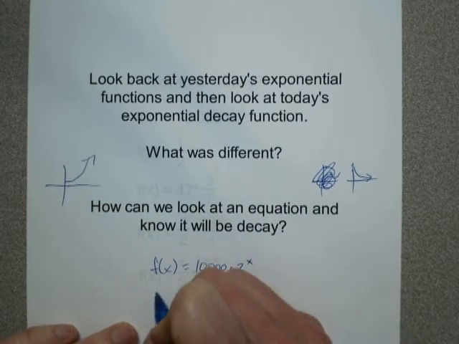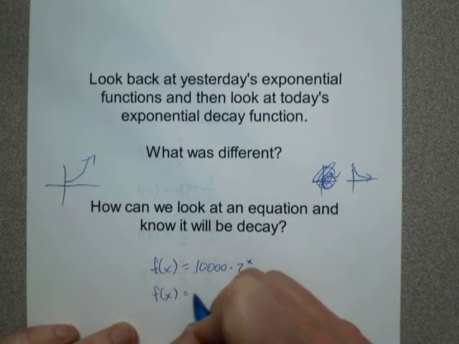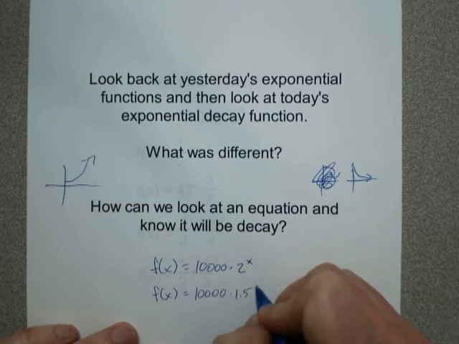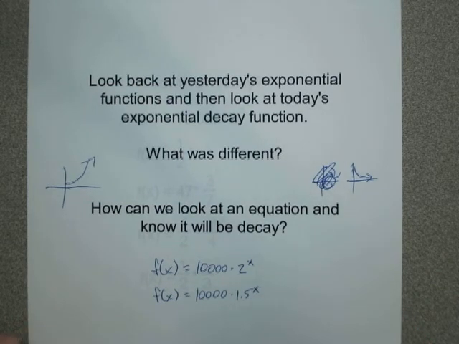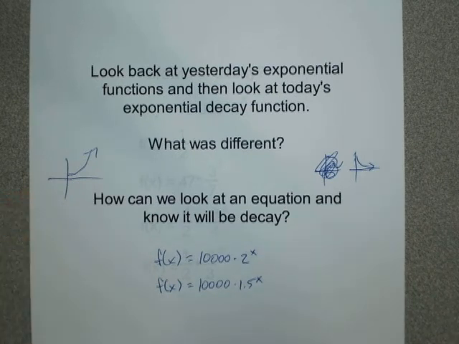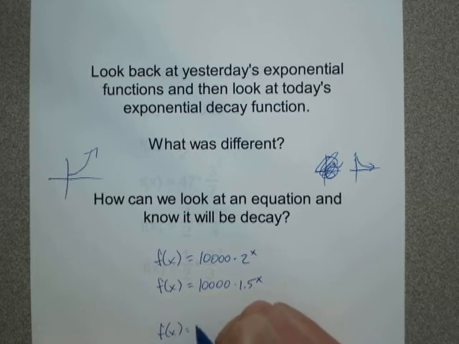Another one yesterday was f of x equals 10,000 times, I believe, 1.5 to the power of x. I could be off. Today, our equation that we just made was f of x equals 400 times 1/2 to the power of x.